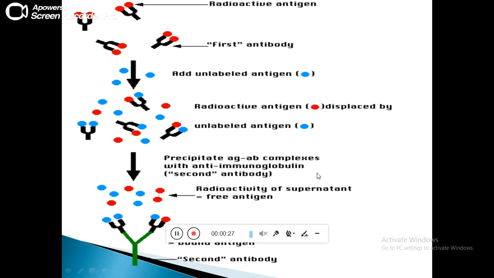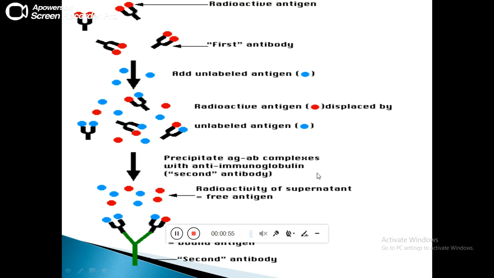Further, when we add an unlabeled antigen to the incubation chamber, the competition arises, or a competitive displacement reaction takes place between the unlabeled and the radio-labeled antigen, and the concentration decides the chances of binding of an antigen to the antibody. As the concentration of the unlabeled antigen increases, the more would be the displacement of the radio-labeled antigen into the supernatant.